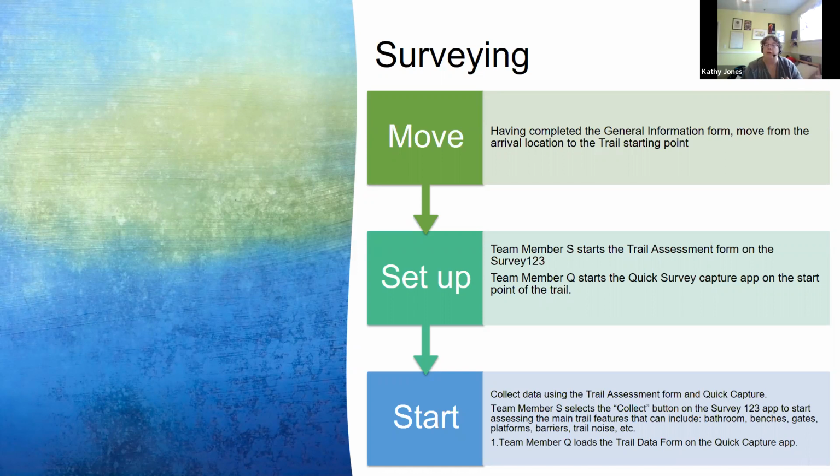When you do the trail assessment, you're looking at main trail features like bathrooms, benches, gates, and anything relevant that's different, such as signage that's useful to know on that trail. Then you put it in, like a layer that people can just click on buttons and learn. So it's very important.